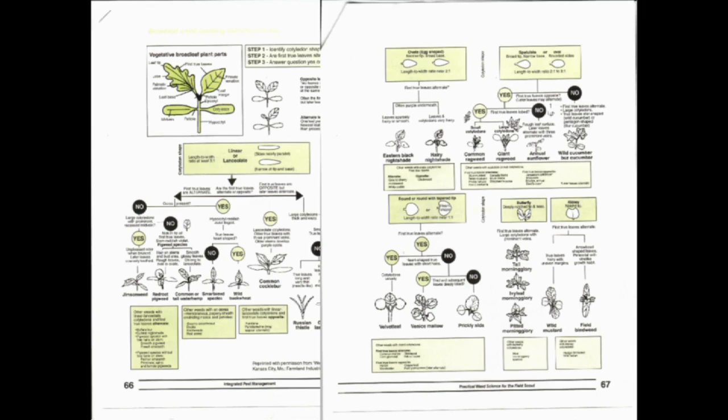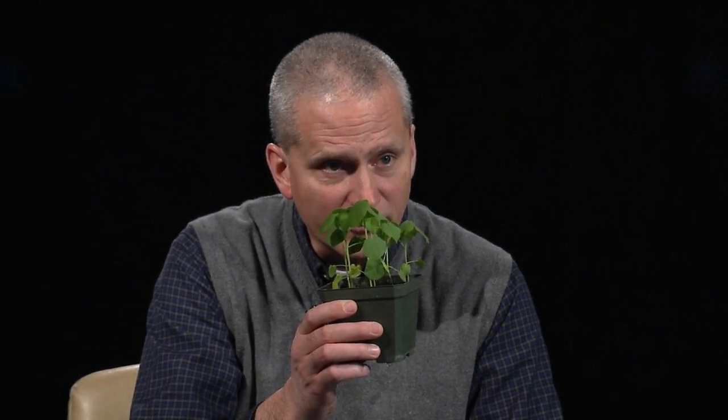That basically takes us down the pathway of three weeds that are all in the mallow family. If you work your way down through that key, the first question says, are the first true leaves alternate?